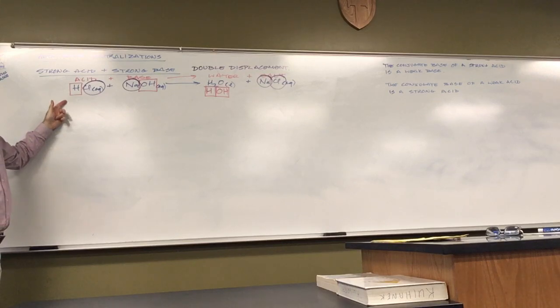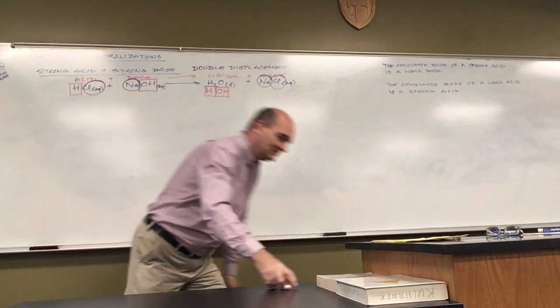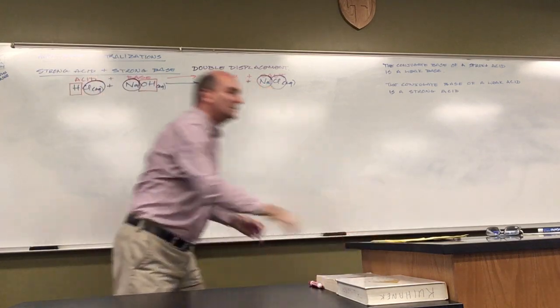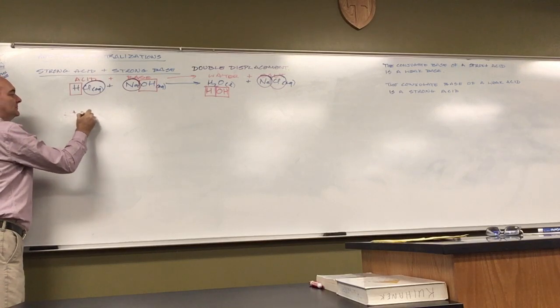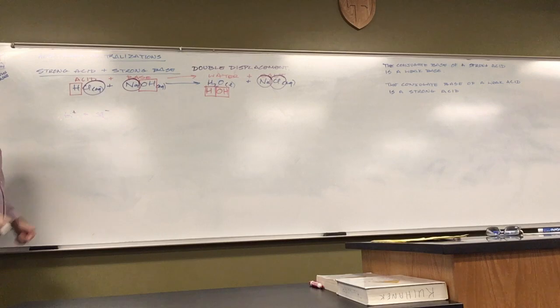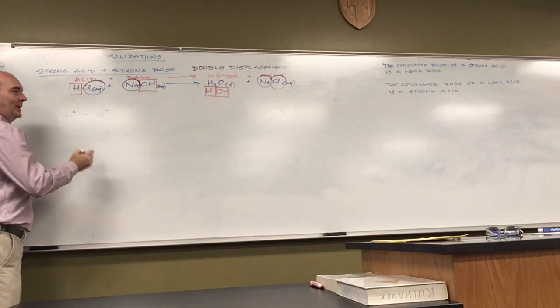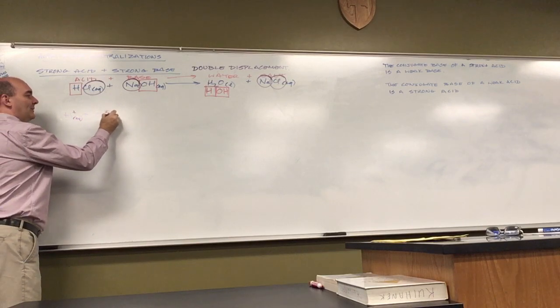None. None at all. Why not? Because HCl is a strong acid, which means it doesn't exist in solution. It splits apart 100%. There is no HCl in solution. There's some H pluses, and there's some Cl minuses.